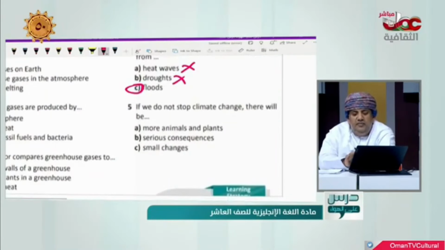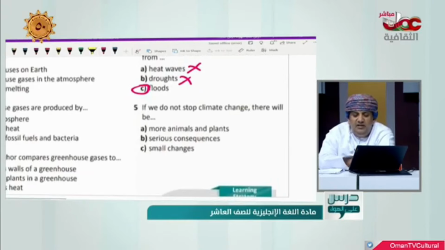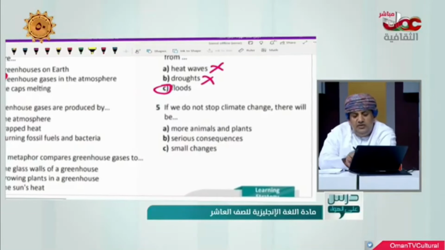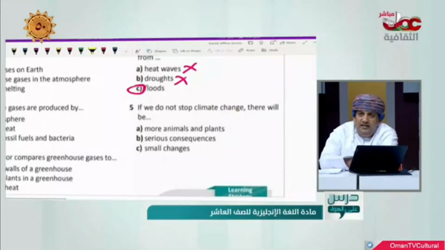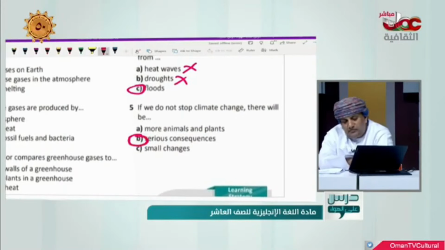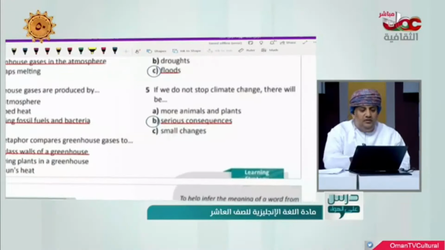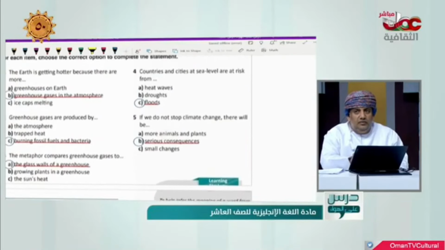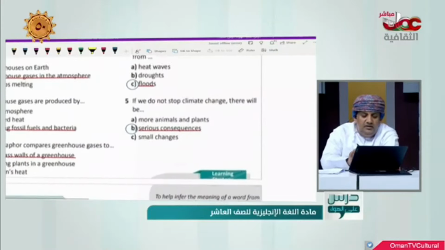If we do not stop climate change, there will be more animals in plants, or B, serious consequences, or small changes. The best answer, I think, is B. Okay, now let's check our answers together here. Okay, these are the answers for this question.